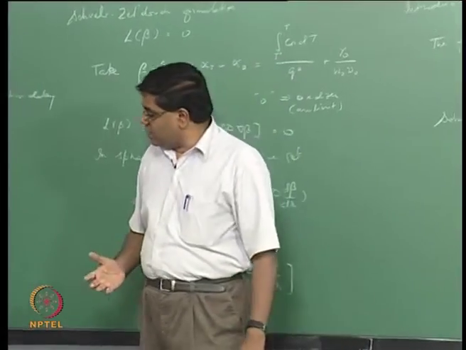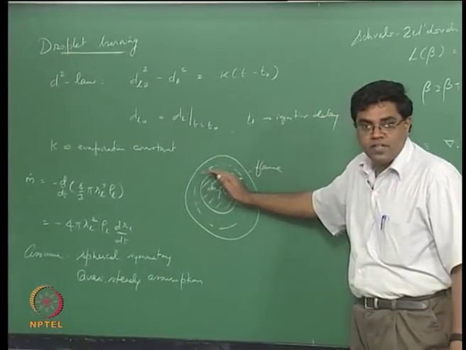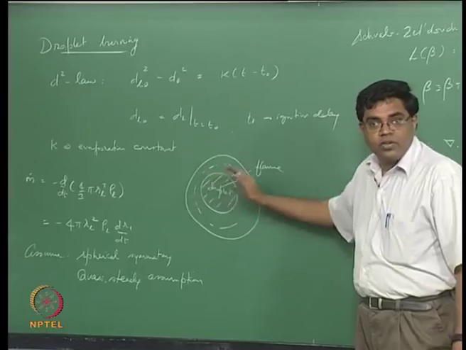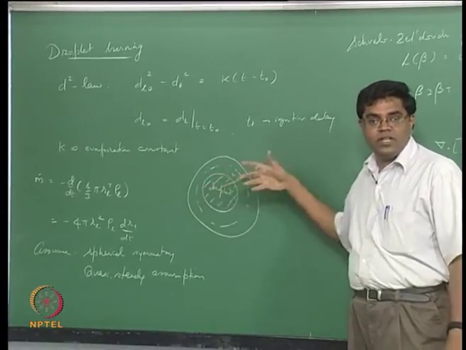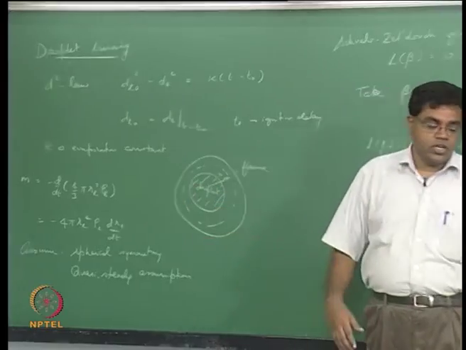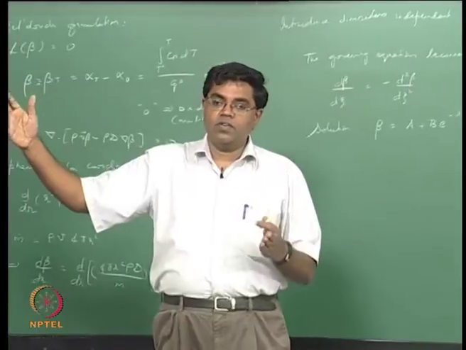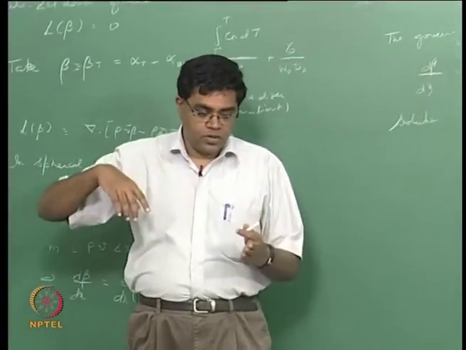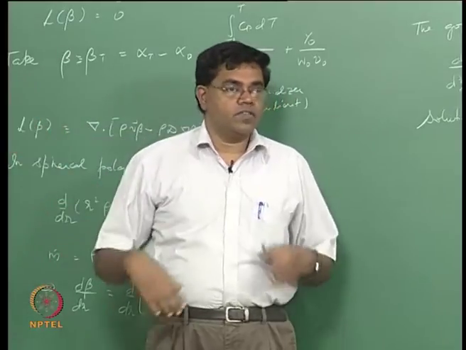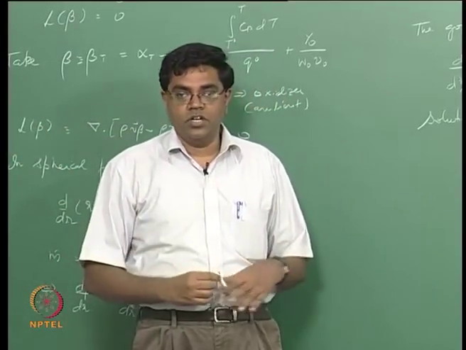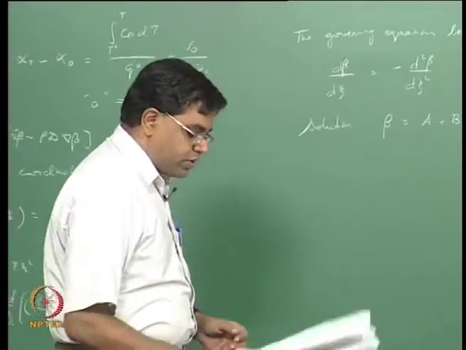Here we will also have an interface condition at the liquid surface, which says so much evaporation is happening for so much heat that is being sent, right. So in addition to applying boundary conditions in the gaseous phase at R equals RL, which is the liquid surface, and R equals infinity, we will also have to supply an interface condition in order to evaluate the m dot. This is what we will try to do.